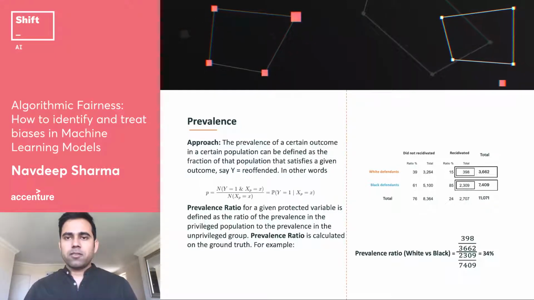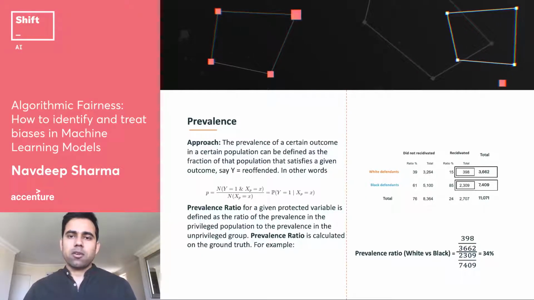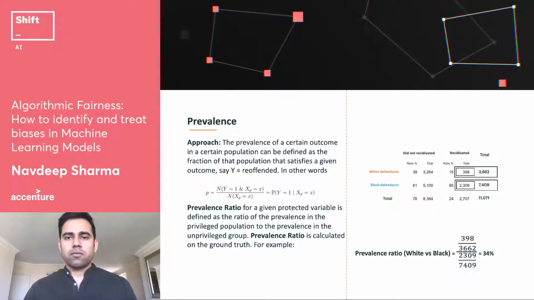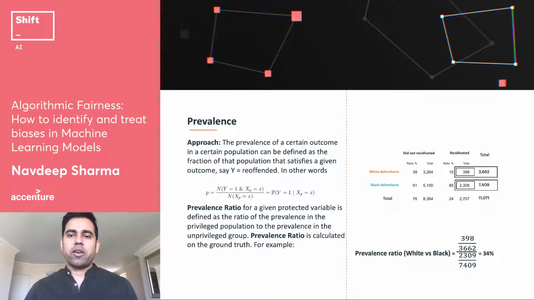So prevalence for a given outcome is the fraction of the population that satisfies that outcome. In the use case where we are considering prevalence for reoffense, it is defined as the fraction of the population that has reoffended in criminal records.